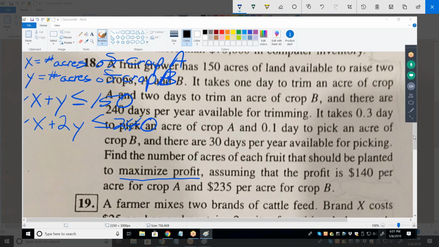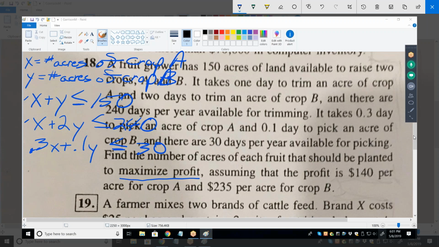So 0.3x plus 0.1y is less than or equal to 30. If you had 10 acres of crop A, it would take you 3 days to pick them.